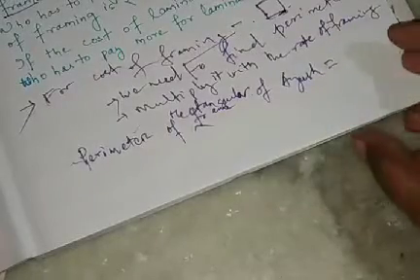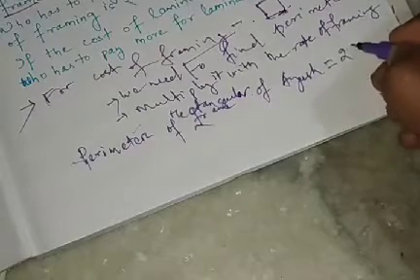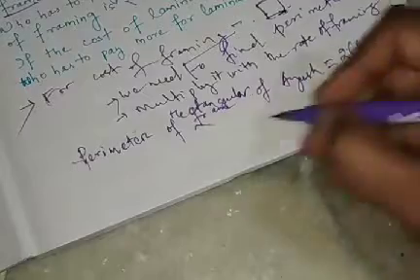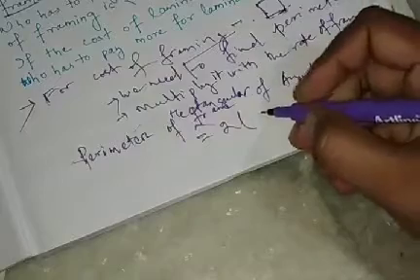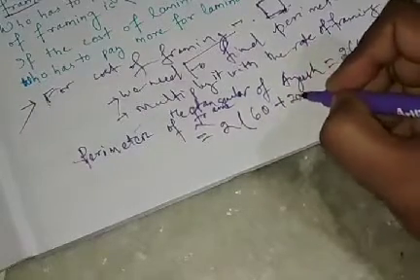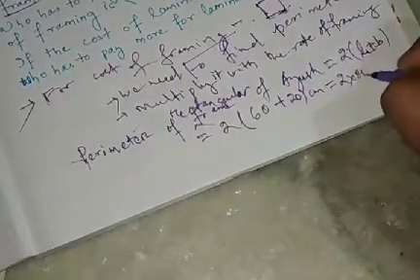The perimeter of a rectangle is 2 times (L plus B), 2 times (length plus breadth). Length is 60 centimeter and breadth is 20 centimeter. So 2 into 80 centimeter is equal to 160 centimeter. Don't forget to write the unit at the end.